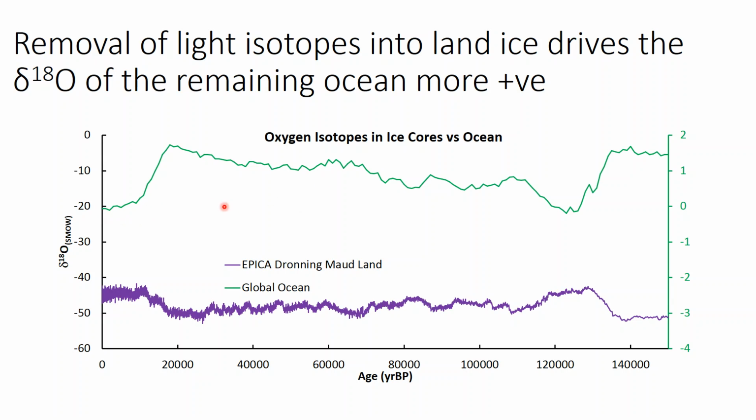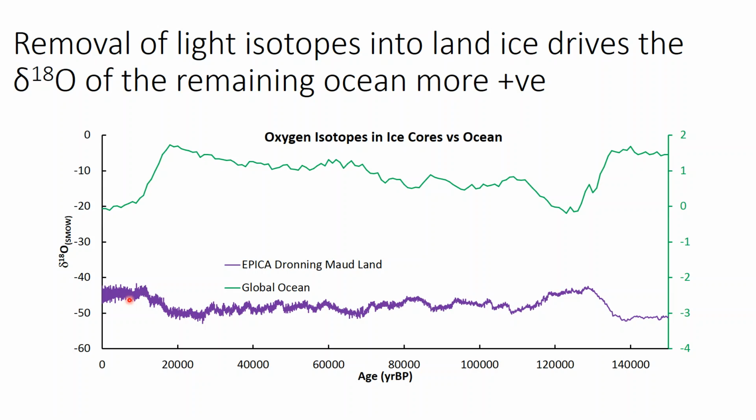At present, we're approximately at 0 parts per thousand, different from the ocean by definition. But at the last glacial maximum, we were maybe 1.5 to 1 parts per thousand enriched in the heavy isotopes. So one of the potential explanations for this is that during glacial periods, around this time here, ice sheets were much bigger, and those ice sheets would have had these lighter isotopes in them.